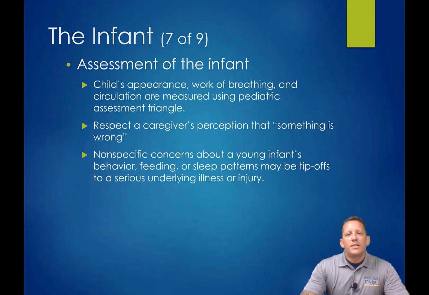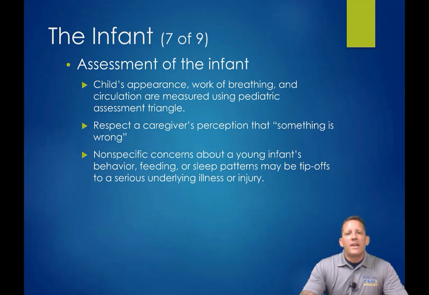Now we're going to get a little deeper into the pediatric assessment triangle in a little bit, but just understand that this is work of breathing, circulation, and their general appearance. And for the most part, this is almost what all EMTs, especially most of the medics, are going to tell you, that when we walk in and we're dealing with children, this is kind of that primary assessment for us, and we're looking for things that are very specific, because their respiratory pattern is going to be mildly different than an adult, which will throw you off your initial assessment.